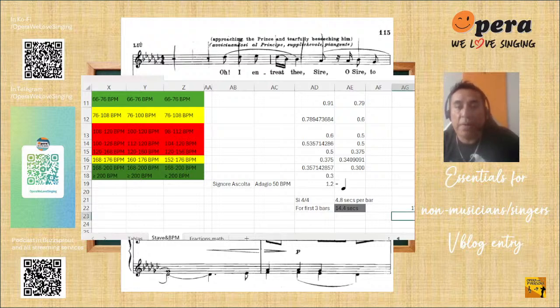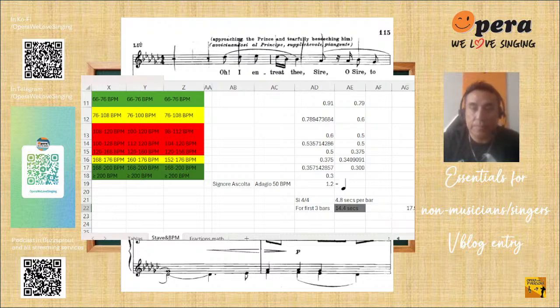So we are having 17.9, which means there is a variation of 3.5 seconds, around three more quarters. It is being sung way much slower than a 50.